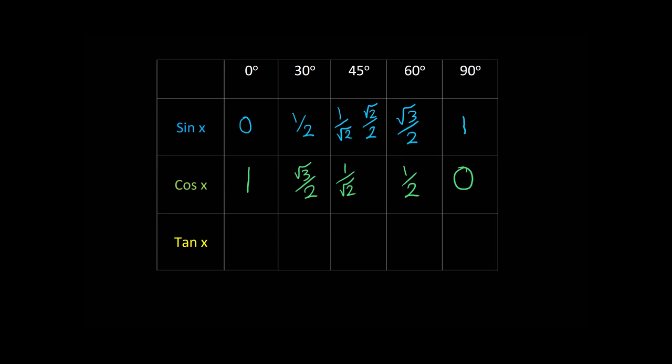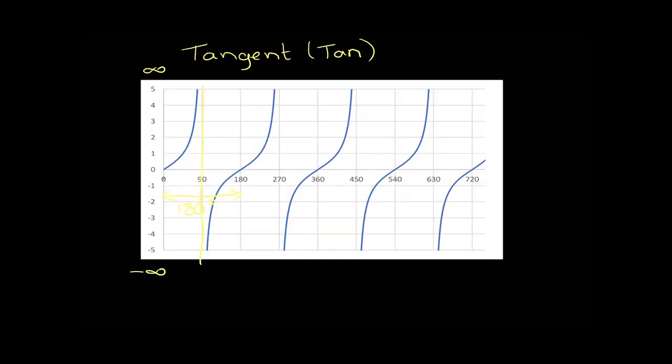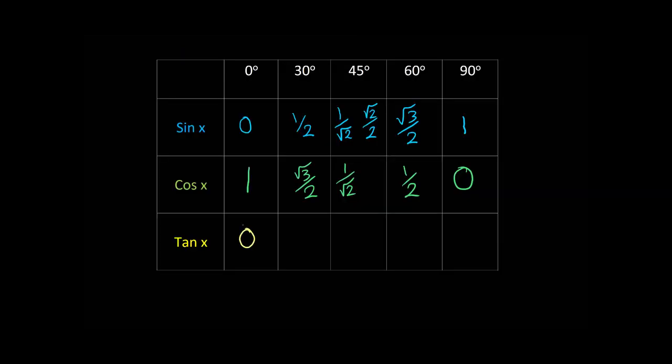So let's have a look now at tan. When the angle is 0, tan is 0, and as we discussed earlier, when the angle is 90, there is no value for tan. It gets off the charts. It's a maths error if you try and put it into the calculator. So what values does it take at 30, 45 and 60?